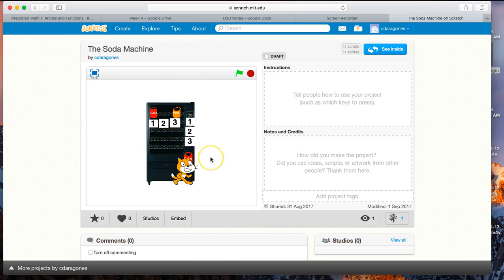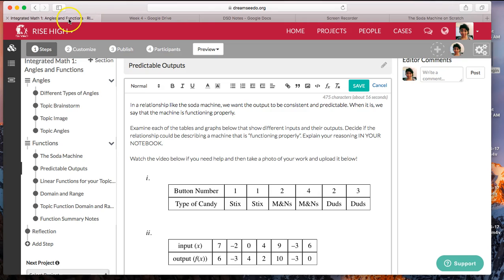Sometimes it gives you Coke, right? Even though you press number 2 for Mountain Dew, the machine gives you Coke. So this machine is not functioning consistently. And you don't want that, you don't want to use a vending machine that will provide you with something other than what you ordered. So in something like the soda machine, you want the machine to function properly.